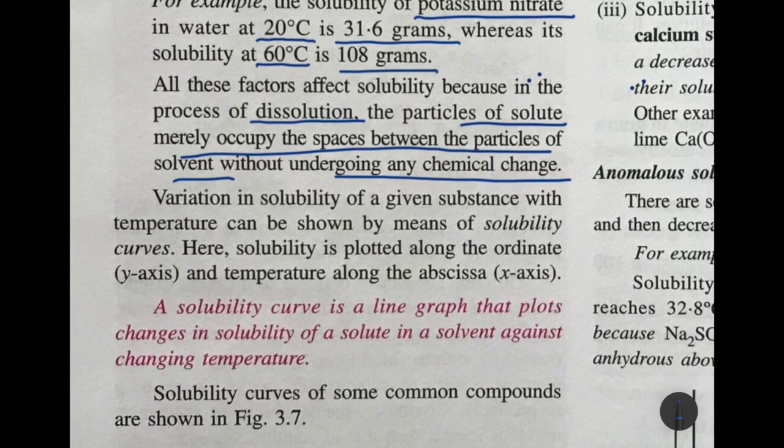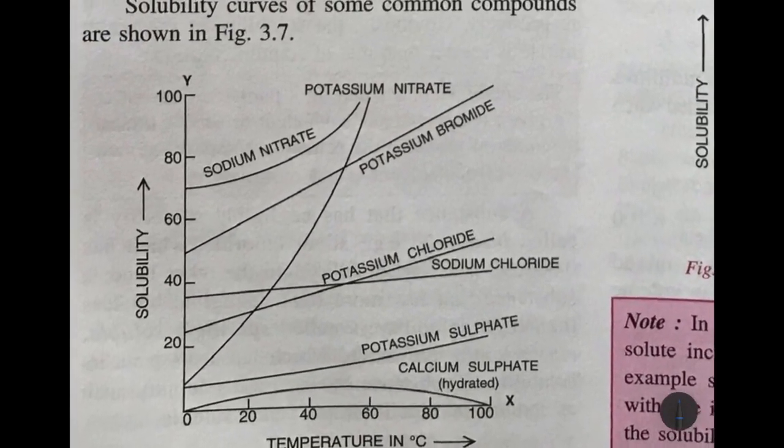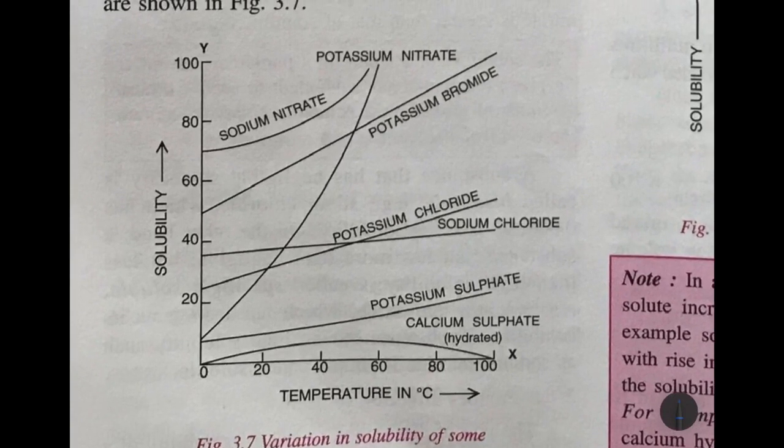Now, variation in solubility of a given substance with temperature can be shown by means of a graph. Here you can see the solubility curve, a line graph that plots changes in solubility. On this side solubility is shown, and on this side temperature in degrees Celsius.